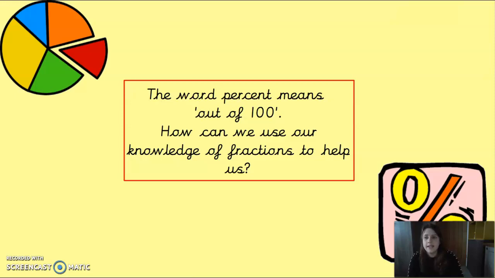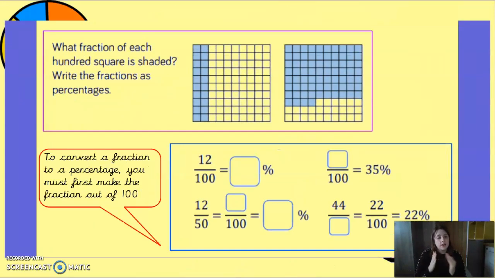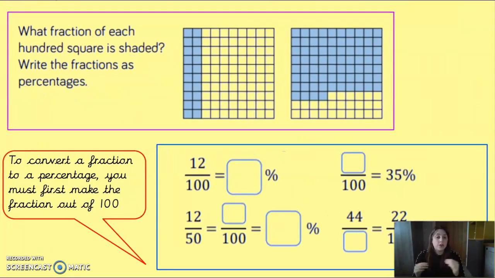So let's have a look. So percent, the word percent means out of 100, okay? So all you need to do is you get a fraction and you make it out of 100 to get a percentage. So for example, we've got 100 square again. So you've got 10 by 10.